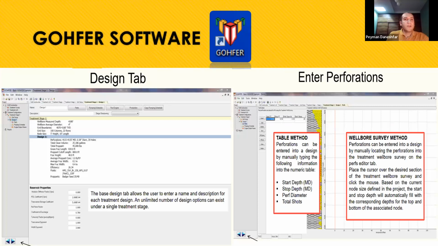In the design tab, this software differs from other software on the market that doesn't design for you. Here you just put in your schedule, and with that schedule it gives you simulations.